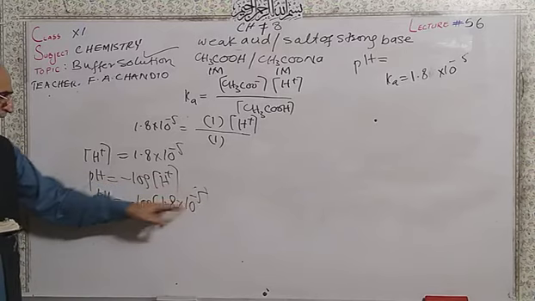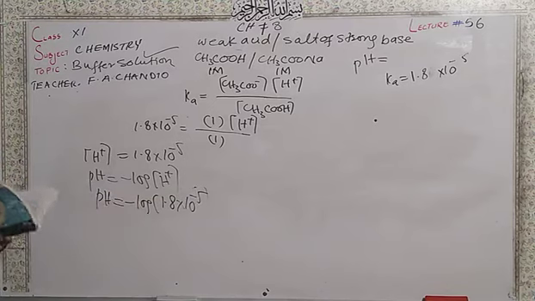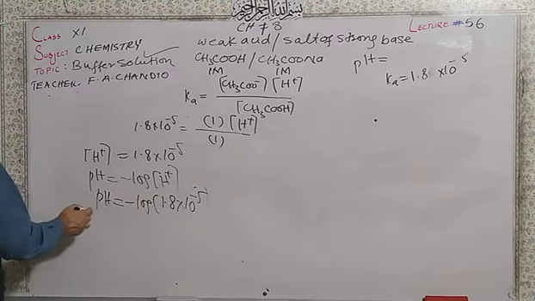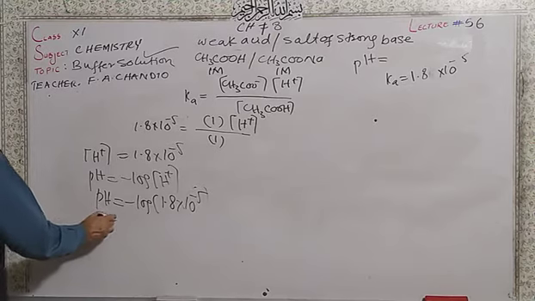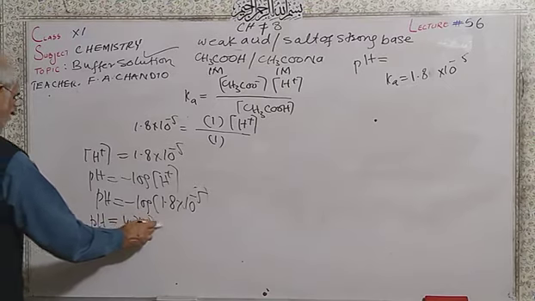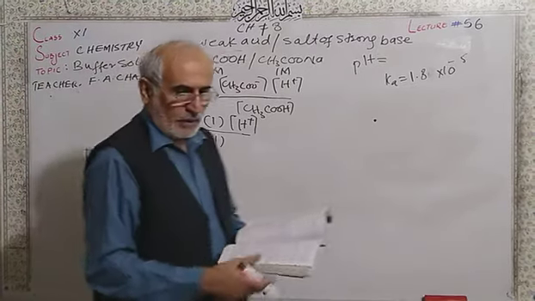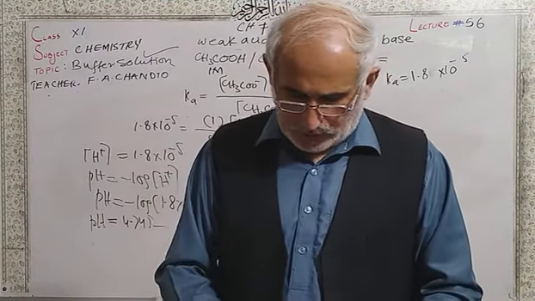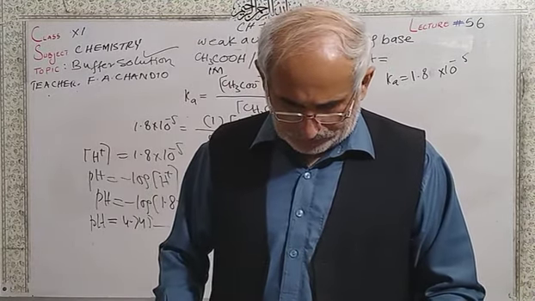You will get 5 here and minus log of 1.8. So 5 minus log of 1.8, then you will get a pH of 4.745. So this is the pH of the buffer solution.